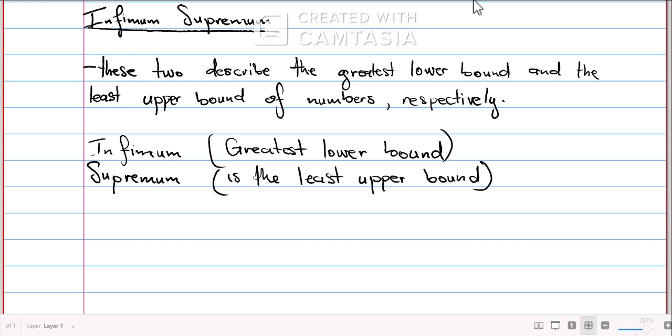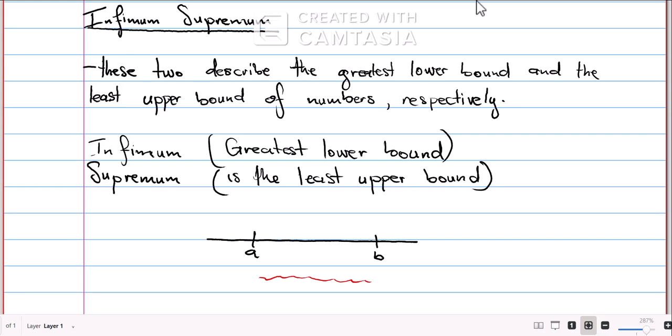So let's just visualize this. So let's say A, B. This is our set.